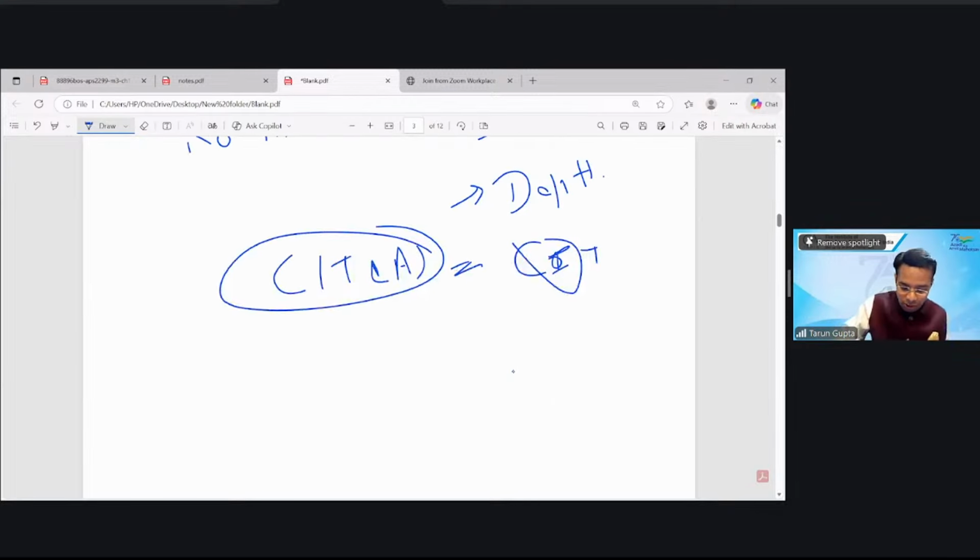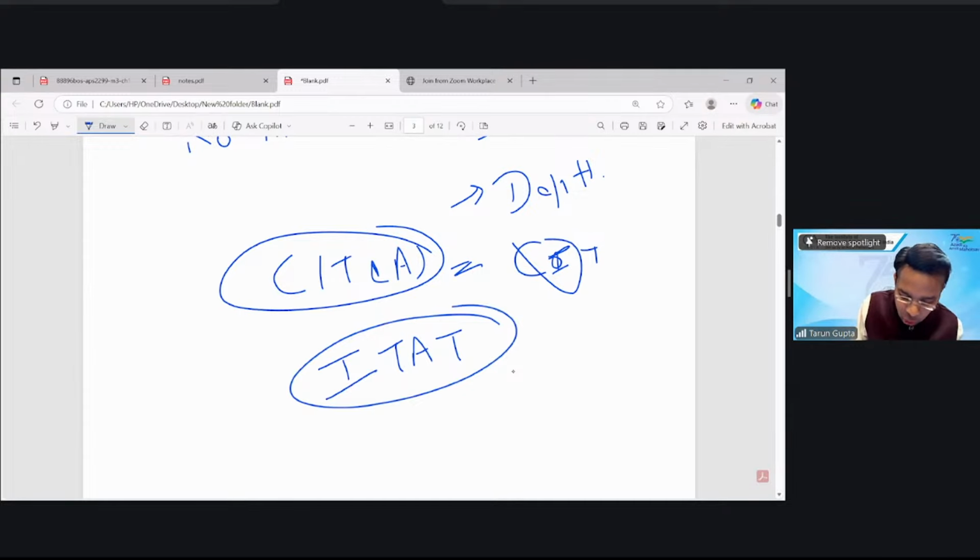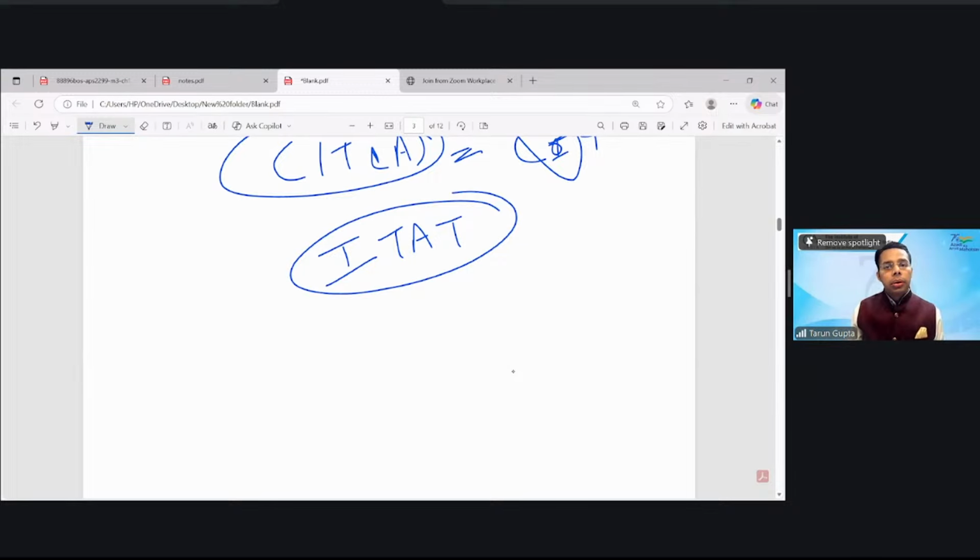Therefore, appeal against the DRP directions can only be filed before the ITAT, and that too only by the assessee and not by the department. So they are the same in hierarchy. Understood? So these two things make the DRP attractive.